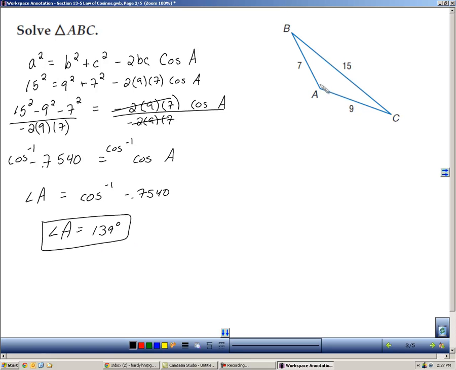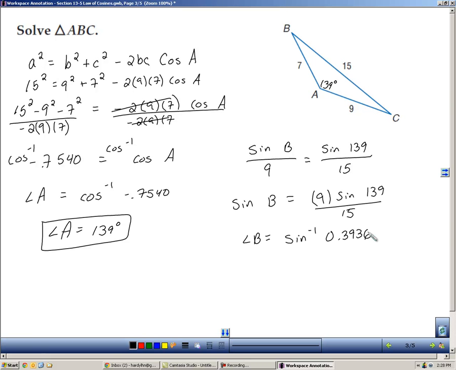Well, now that I know one of my angles, I can use the law of sines to find one of the other ones. So let's use the law of sines, and we'll say sine of B, which we don't know, over 9, because that's what side b is, equals the sine of 139, because we know that, over the side that's across from that, 15. We'll use cross multiplication here. So we'll type this into a calculator and then take the inverse sine of both sides.